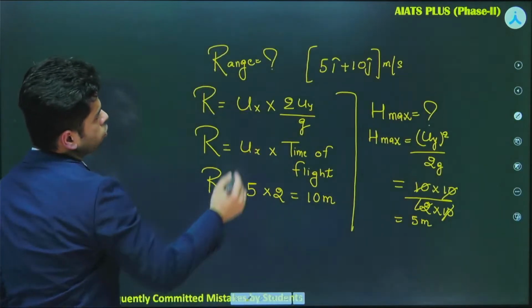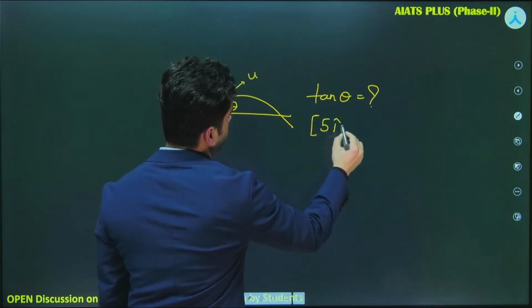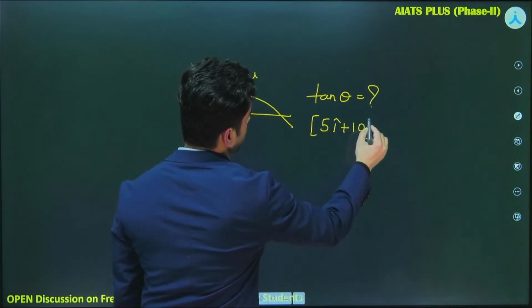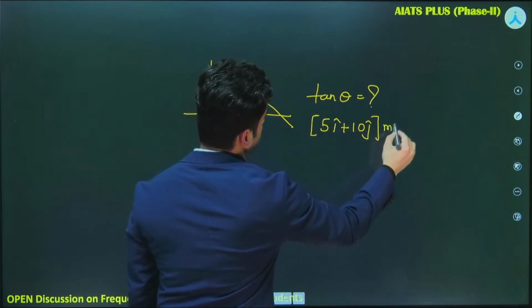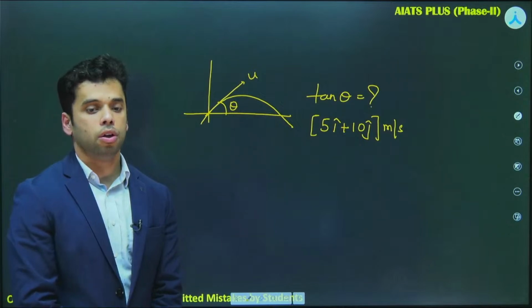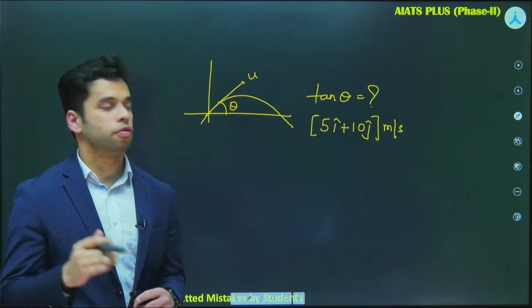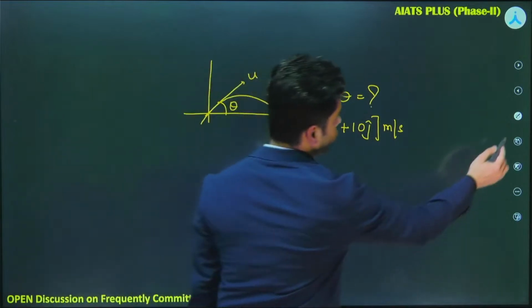If the initial velocity of projection is 5 i cap plus 10 j cap meter per second, what should be the value of tan theta? Anyone can put the answer of tan theta. What should be the value of tan theta? So till then, I'll try to solve this.